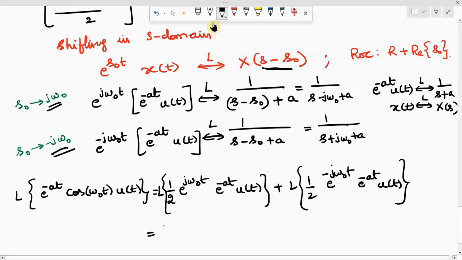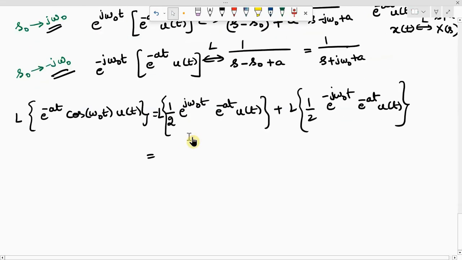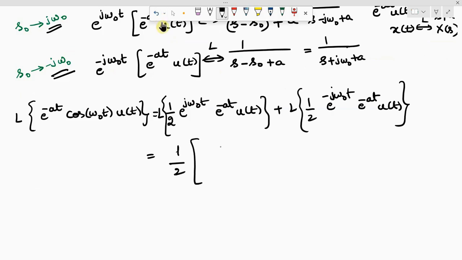Half is a constant, so I can take it out. Then 1 by s minus j omega naught plus a, plus 1 by s plus j omega naught plus a.